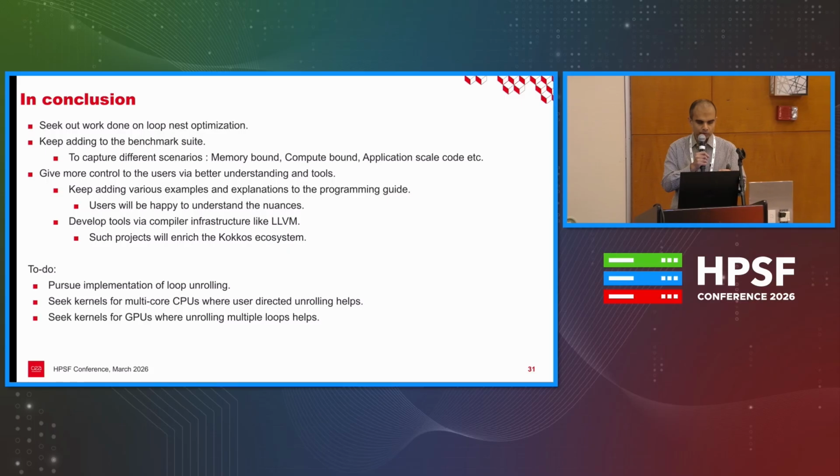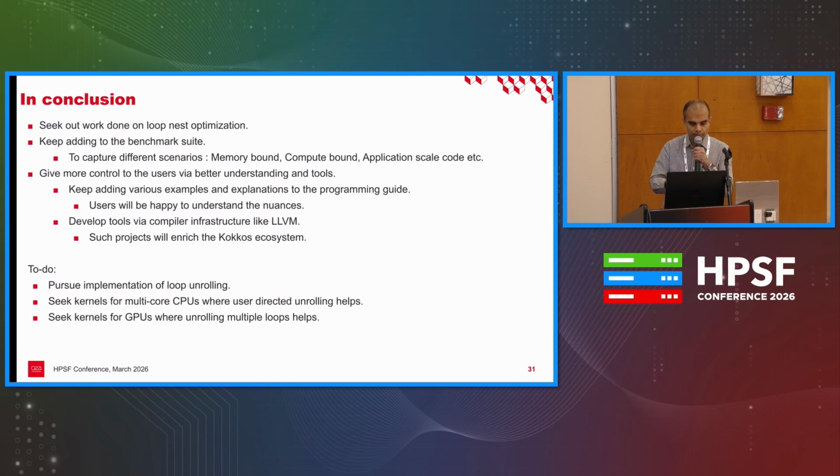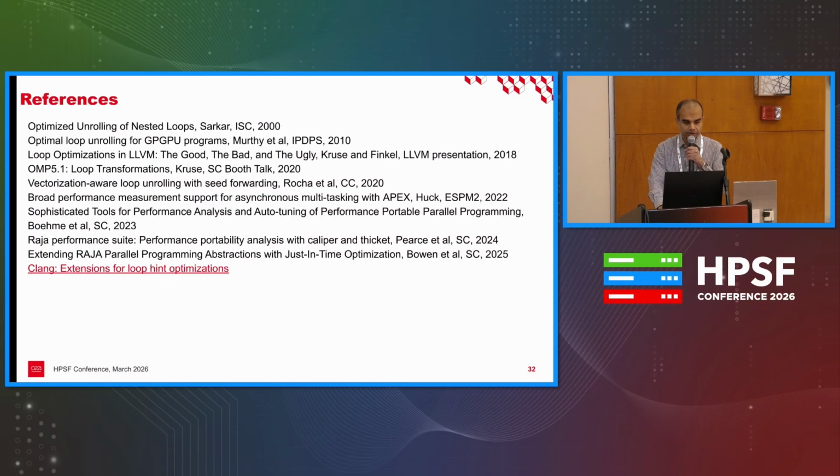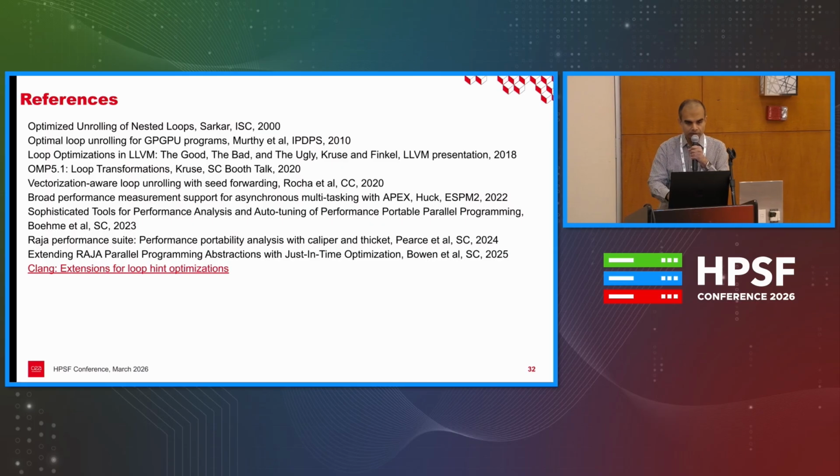In terms of to-do lists, it will be good to implement some of these ideas and try them within Kokkos. And as I was saying, it will be good to seek more kernels which can help in studying unrolling along multiple dimensions. Here are some references that could help us with vectorization and loop unrolling.